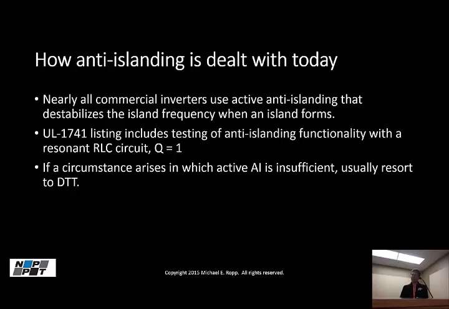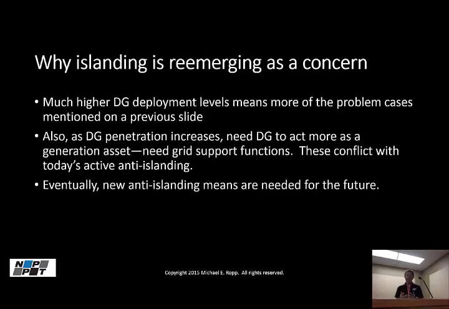So I've said several times, active anti-islanding is quite effective in preventing unintentional islands in distribution feeders. So why are we talking about it? Why is islanding a concern at all? The reason is because as DG penetration levels are rising, we're starting to see more of those problem cases we identified before. And also, as I mentioned before, we want grid support functions.